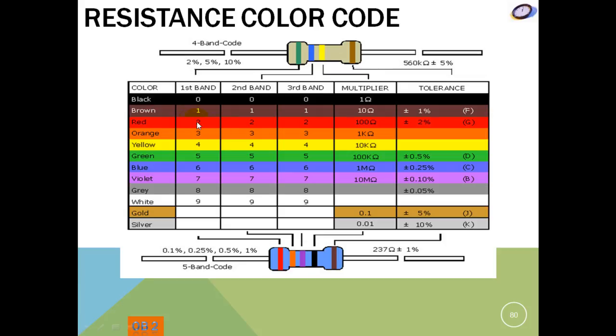Band 1 would be 2, then 3, 7 for the third, so 2, 3, 7, and a multiplier of 1, so 237 ohm, with a tolerance of, let's call this brown color, even though it looks somewhat violet, 1%. So 237 ohm, 1%.